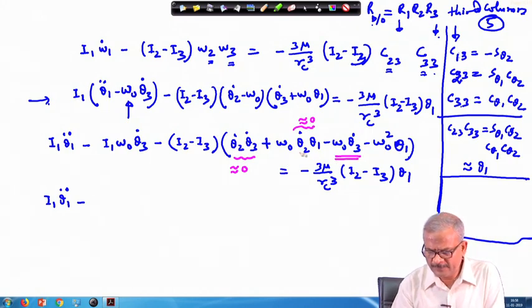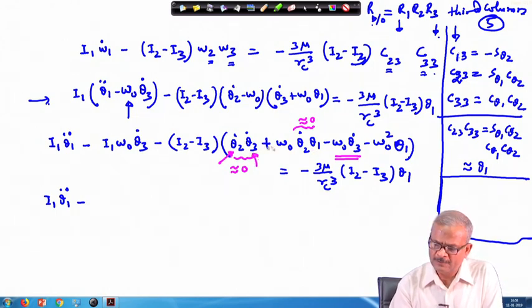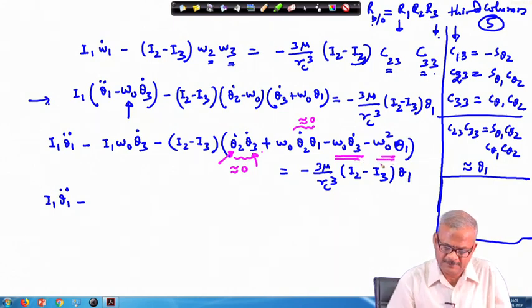So, what we are doing is that the terms which are of second order in terms of Euler angles, that is in terms of theta 2, theta 3 as such, or its rates, those terms we are ignoring. So, these two terms, after ignoring them, we are left with this term and these terms.